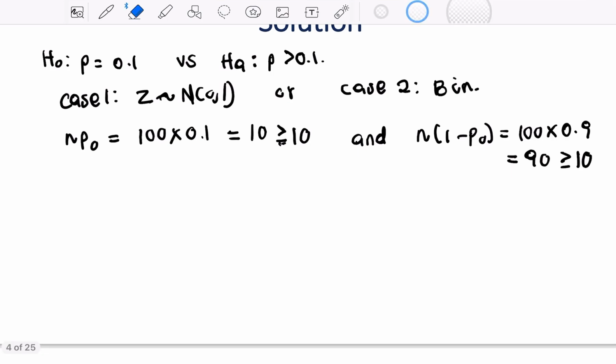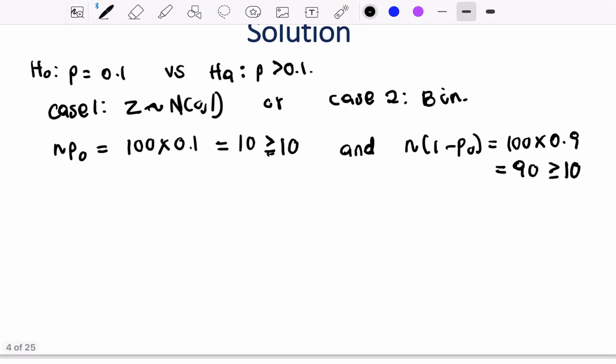Since your n into 1 minus P naught is greater than or equal to 10, and also n P naught is greater than or equal to 10, then you can use the large sample case, which is the normal one.